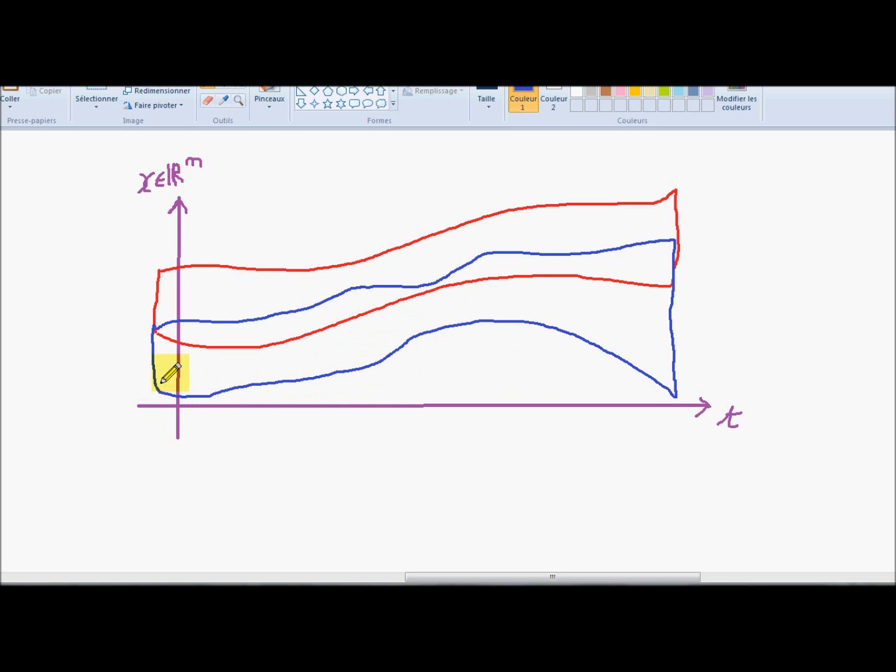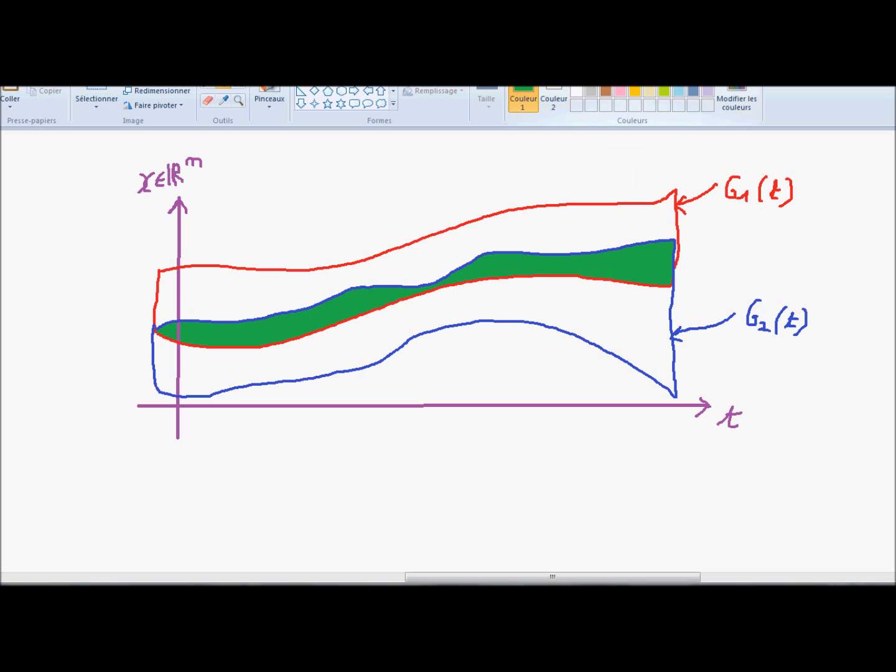So what happened here is that the intersection, so let's say this one is J1, is a tube which depends on T, and the blue one is J2. So I have a lattice because the intersection of the two tubes, so here, is also a tube. So in green, it corresponds to the tube J1 intersected by J2.